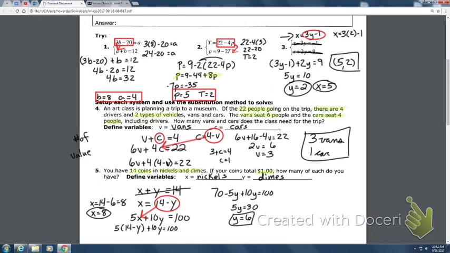On problems like this is why it's important to identify those variables, because whenever you get to the end, now you've got x equals and y equals, and if you hadn't identified your variables, you've got to kind of go back and investigate on which one you used, what variable you used for what.